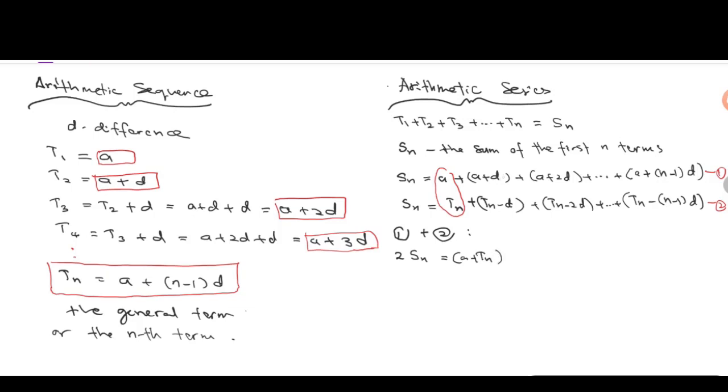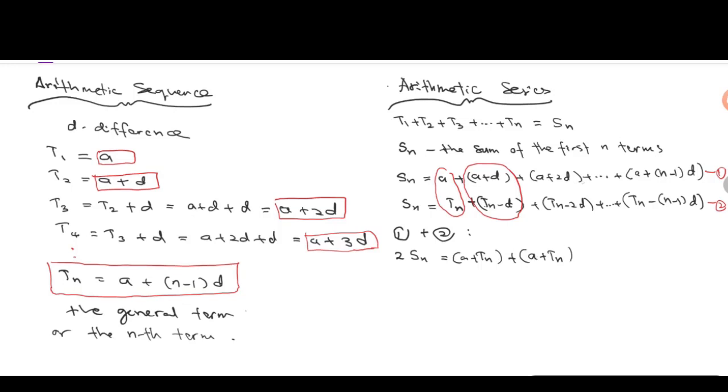For the second terms, we also have A plus T sub n, because A plus D plus T sub n minus D, D minus D is 0. So we are left with A plus T sub n.